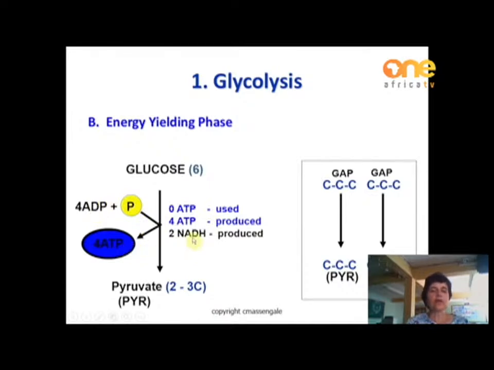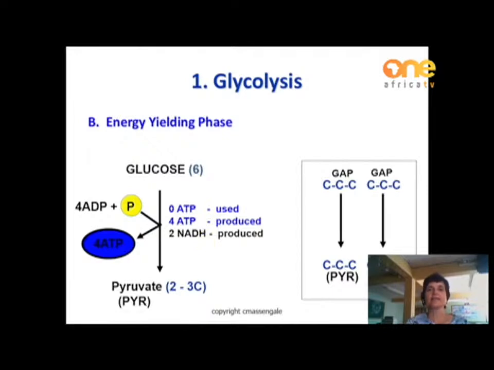It also captures the hydrogens, and the hydrogens are now carried by 2 hydrogen carriers, and that brings us to the fact that NAD adds a hydrogen, and now I have NADH. NADH is the molecule that is transporting the hydrogens to the next phase.